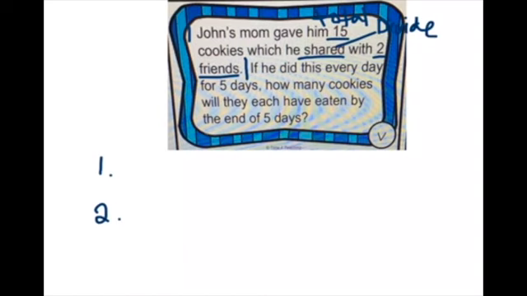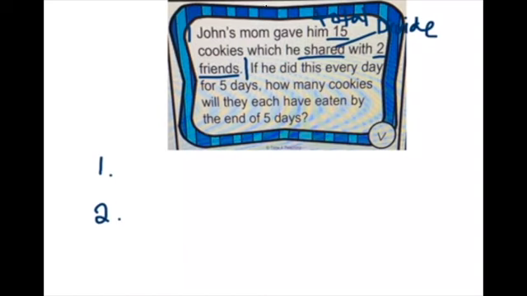Oh, I know that actually, if I think about this problem, you can't divide 15 and 2. Let's reread the problem one more time. John's mom gave him 15 cookies, which he shared with 2 friends. He's not just going to give those cookies to his friends, he's also going to share that among himself.